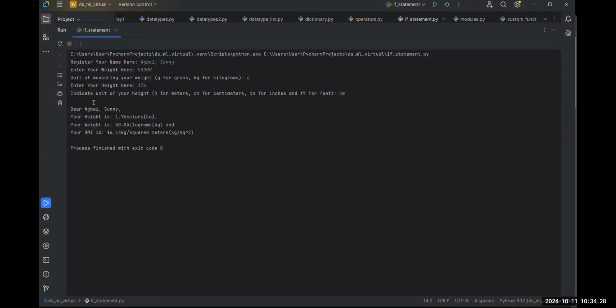It said, dear Abai Sonny, your height is 1.76 meters. Your weight is 50 kilograms, and your body mass index is 16.14 kilogram per meter squared. Oh, is that not lovely?